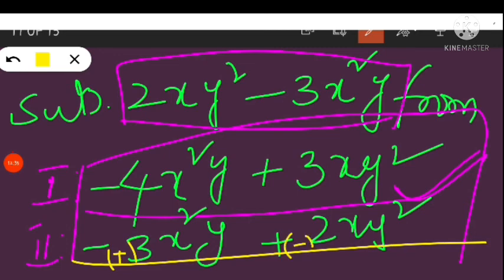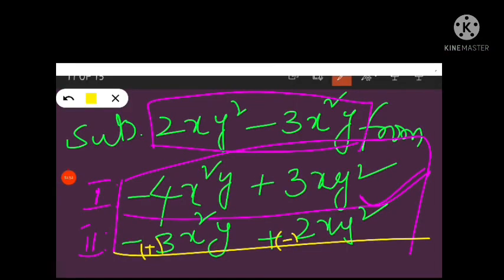Now tell me, minus 4x square y plus 3x square y will give you minus 4 plus 3. If it has opposite signs, we need to subtract the two numbers. So 4 minus 3 gives you 1. Among 3 and 4, which number is bigger? 4 is the bigger value, and 4 has which sign? Minus sign.